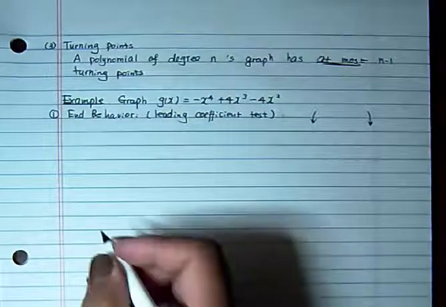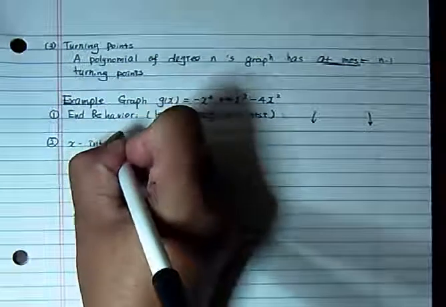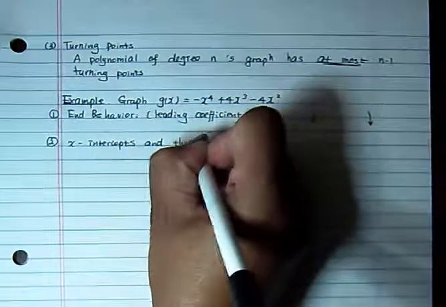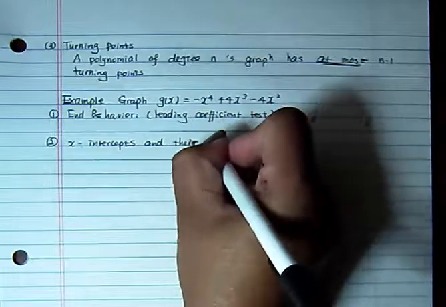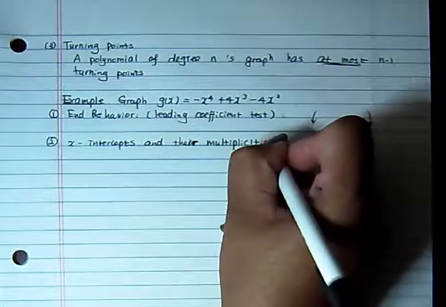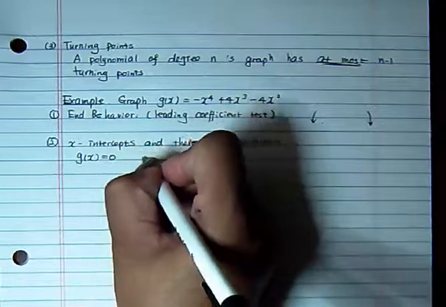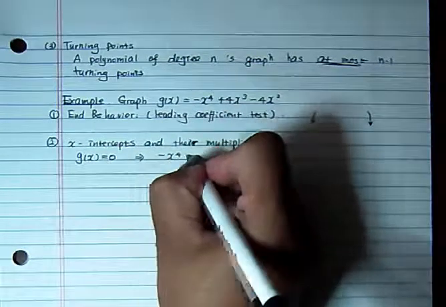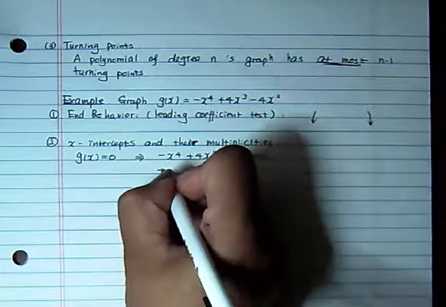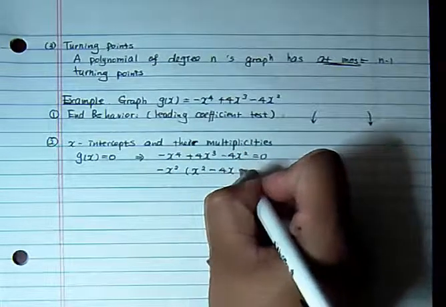And also we talk about the x-intercepts and their multiplicity. So we recall how to find the x-intercept. You set this equal to 0, which is negative x to the 4th plus 4x cubed minus 4x squared equals 0. I'm going to speed up a little bit because we did this problem in the last example.